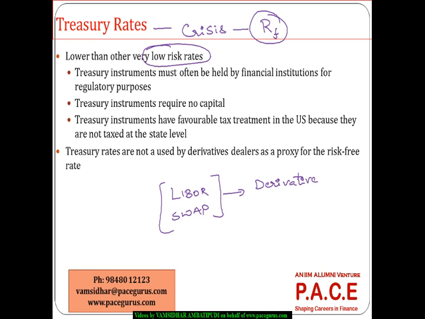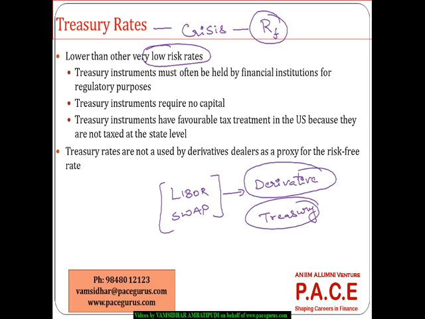The derivative dealers did not use the treasury rates for the valuation of the securities, but they were primarily using either LIBOR or a swap rate. The reason being the treasury rates generally have a slightly lesser rate compared to the other low risk free rates that are typically available.